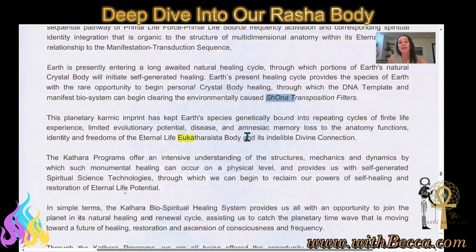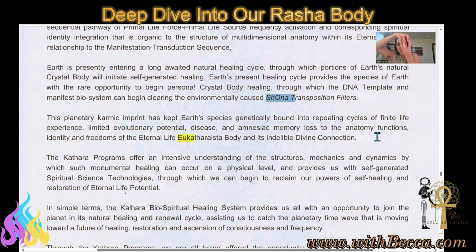Shona. And just a quick translation: Shona is dead light. In these pockets, the dark matter template or the Rasha body has been hijacked and spun into reversal. So the Metatronic energy has come in and lock phased the Merkaba so that it's not spinning in its correct two spheres of spinning, clockwise and counterclockwise.